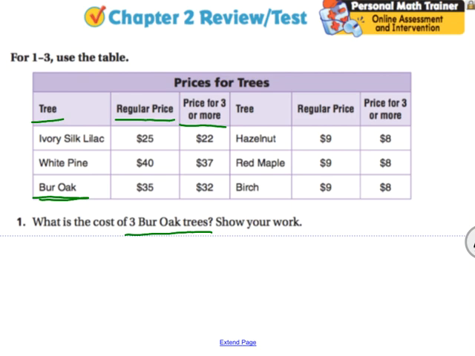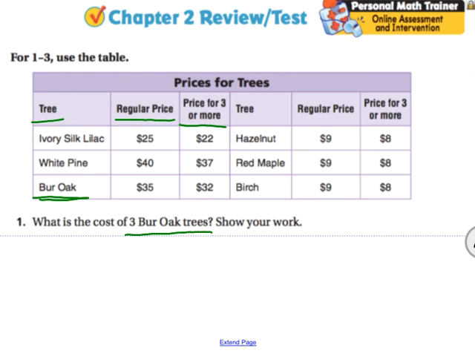Okay, of course, when it says show your work, you can use the strategies that are taught in class. You could use the distributive property, area model, or traditional method. So I'm going to use the traditional method. Remember, when you're working with money, we do need to see the dollar signs.